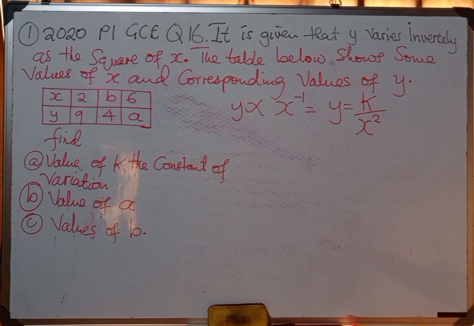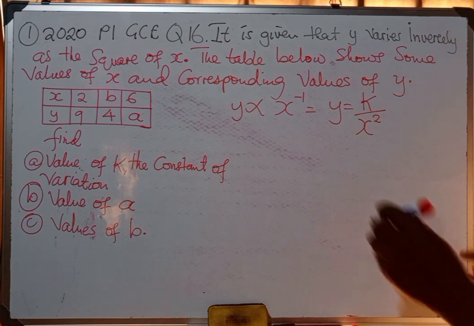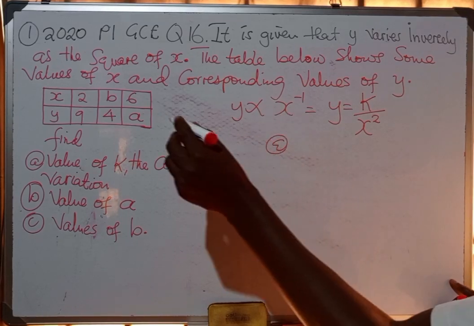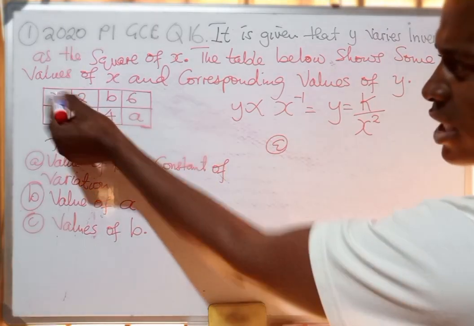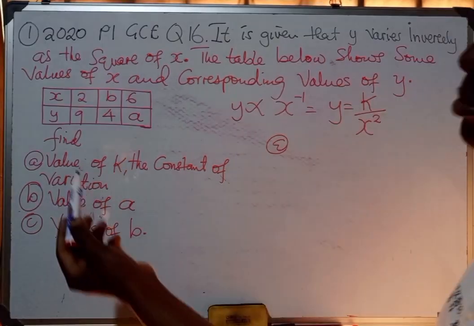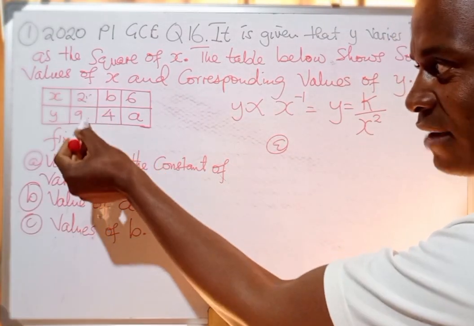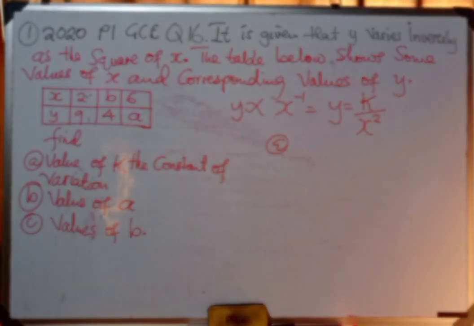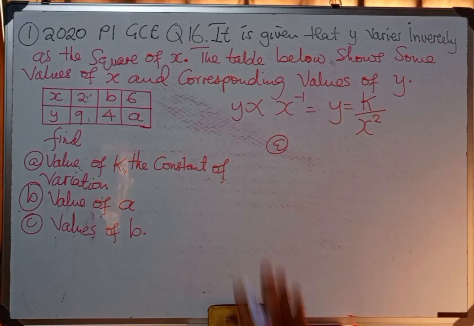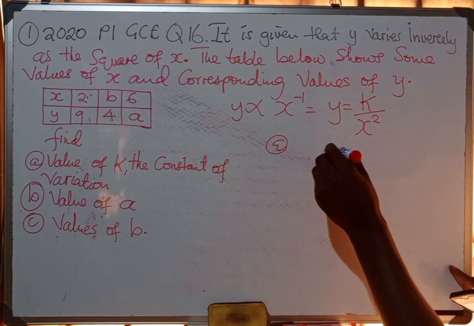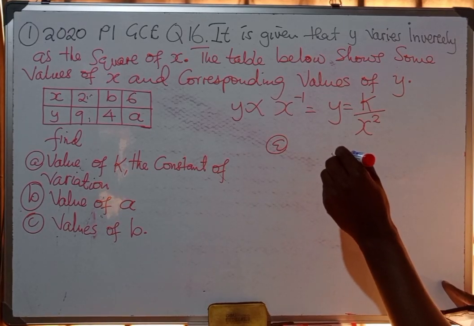So now, let us find the value of k. For the first question, we have been given this table. We are going to use these values, which will help us to find the value of k, because the x is 2 and the y is 9.